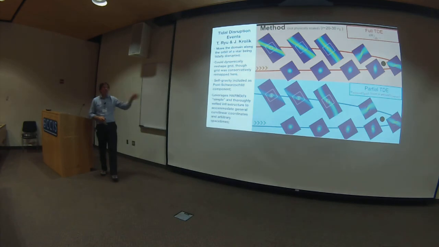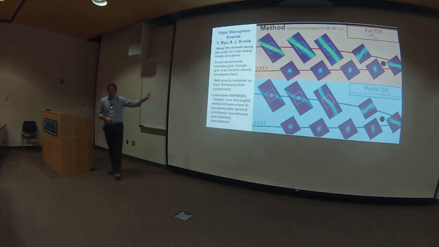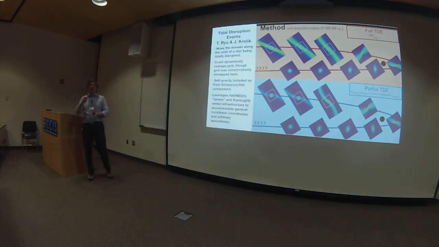And we're also using this for tidal disruption events. We can use the frame agnostic, coordinate agnostic framework in Harm, and we can move the domain with a moving star in a background spacetime and see how it's tidally disrupted as it transits close to a black hole.